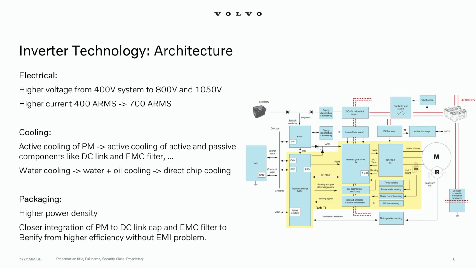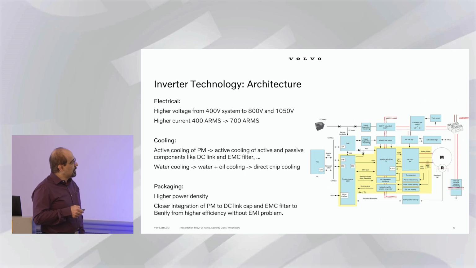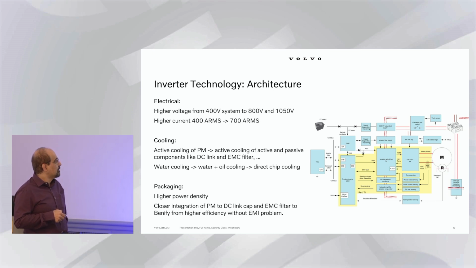And for the packaging, we know that one of the reasons we go to silicon carbide is that smaller components can make a smaller power module, so we can have a higher power density. When we use wide bandgap devices, we also have to make more integration between the power module and the DC link cap, and even the EMC filter.